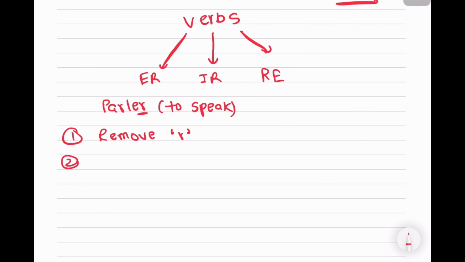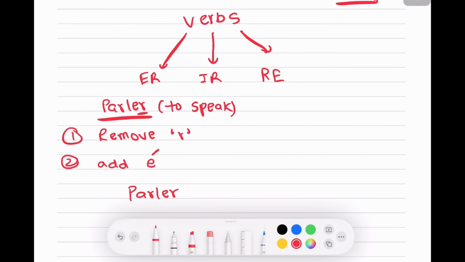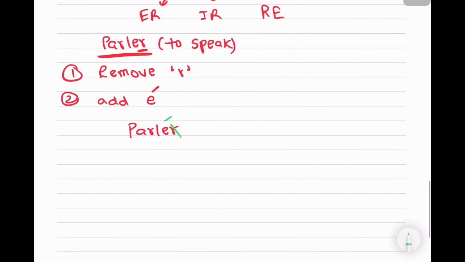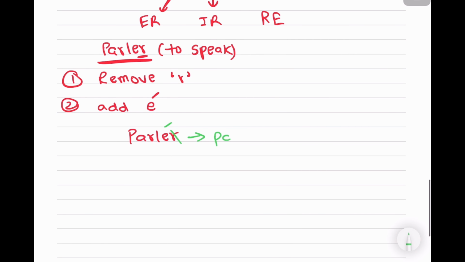Second step is to add an accent on the E, accent aigu, as we call it. So we cut the R and put an accent on the E, so it becomes parlé, and we pronounce the E. This is your past participle of the verb parler, to speak.